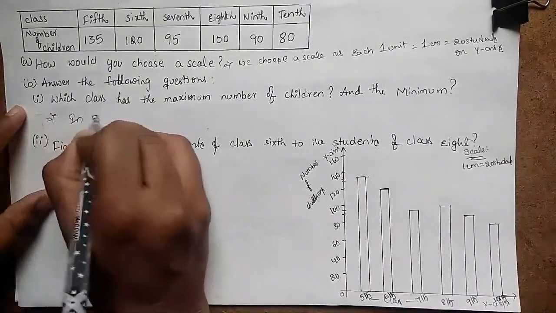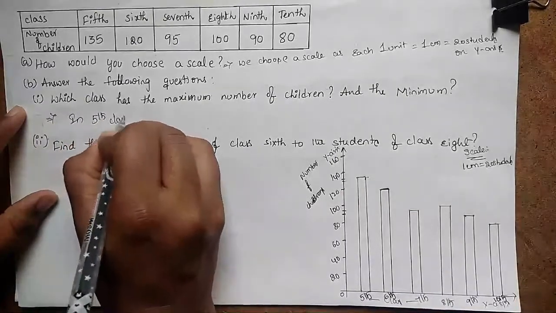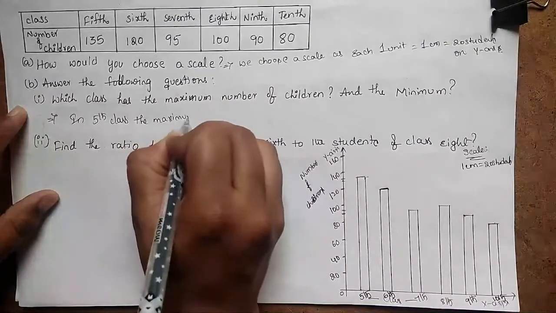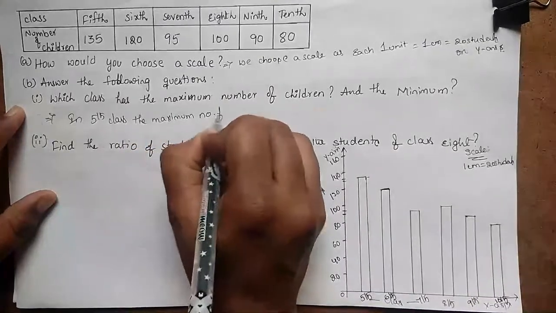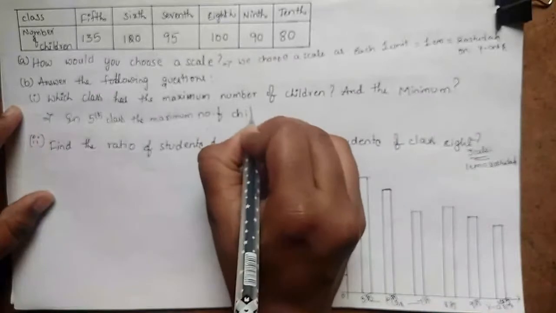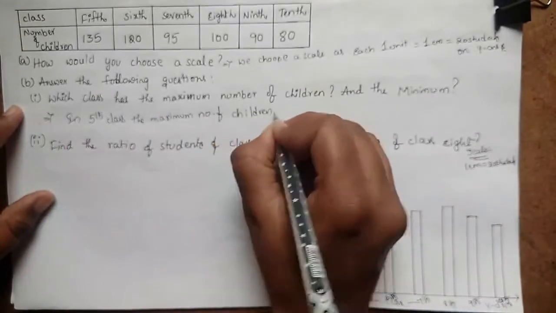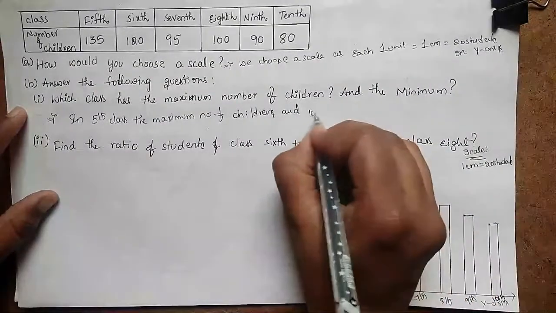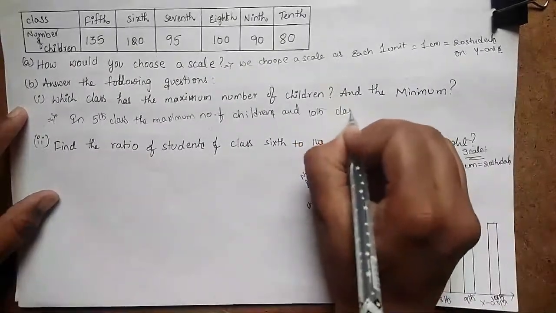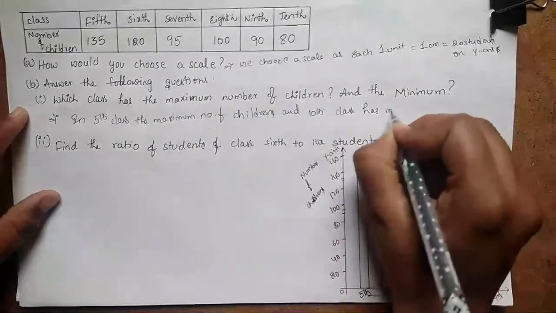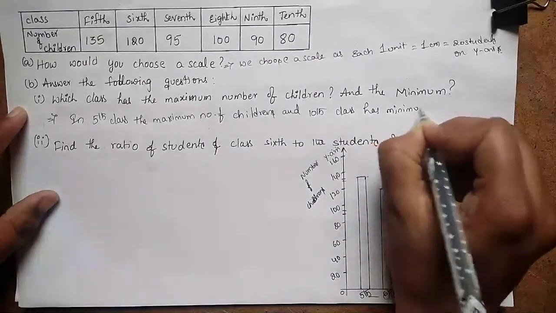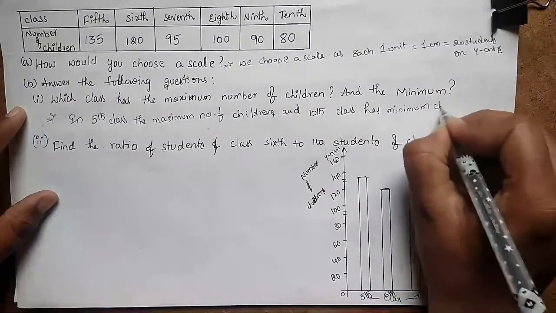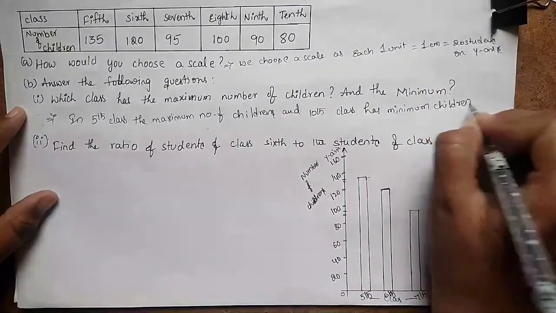The 5th class has the maximum number of children, and the 10th class has the minimum number of children. This was the answer for this question.